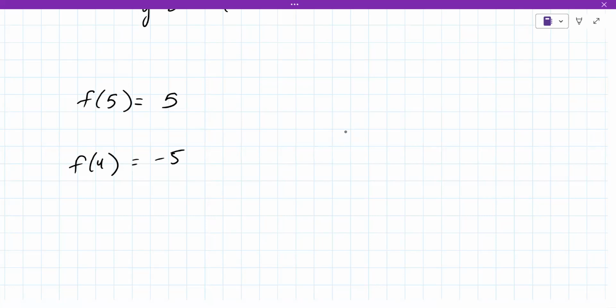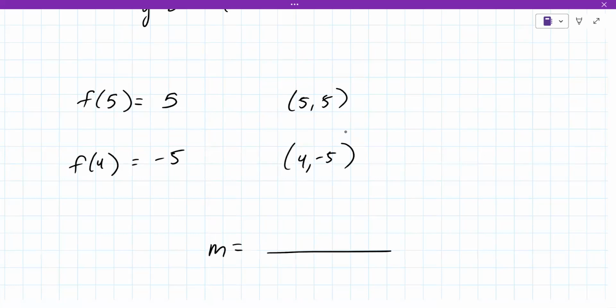The first ordered pair would be 5 and 5. Good. And 4 and -5. Good. Go ahead and calculate the slope between them.